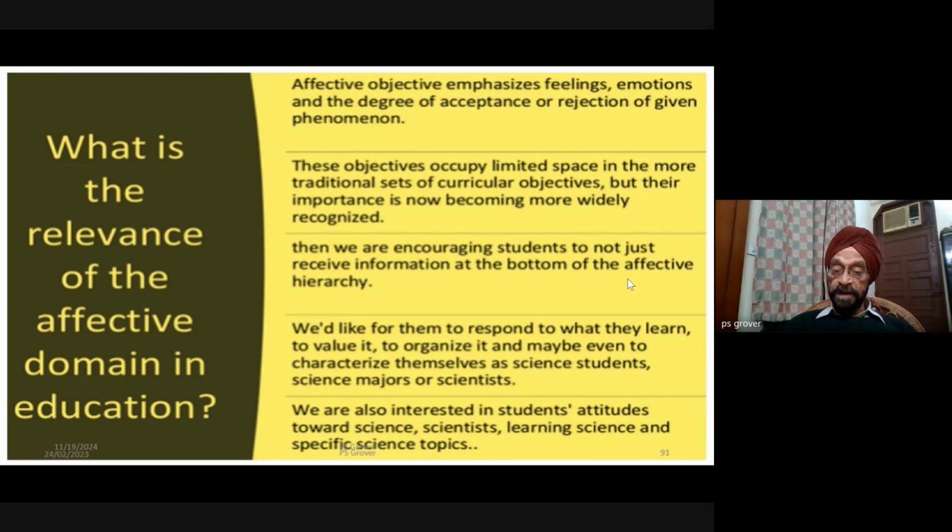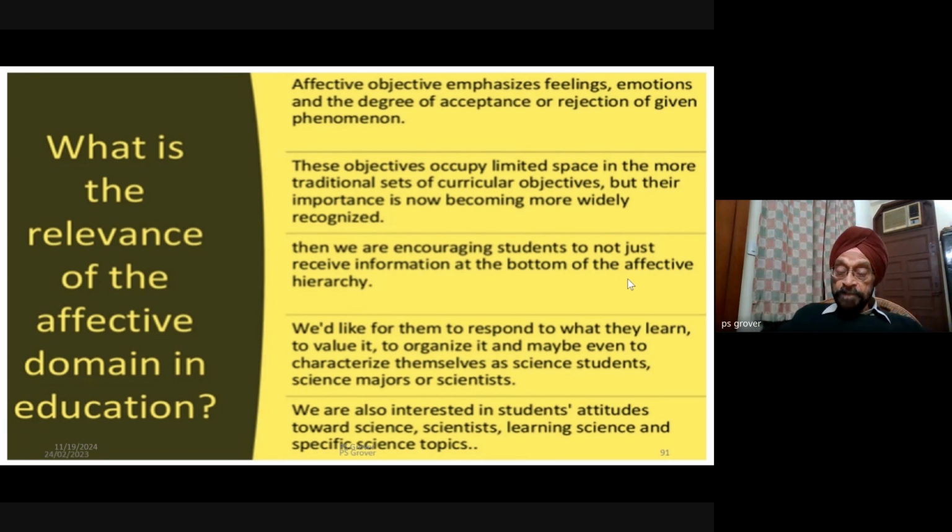That means if we are to build the mindset of the students, if we are to train the mindset, if we are to create the values among the students, then we need to incorporate affective domain teaching and learning in our curriculum. That's important. And please remember, NEP 2020, which we will talk about tomorrow, gives a lot of importance to human values.